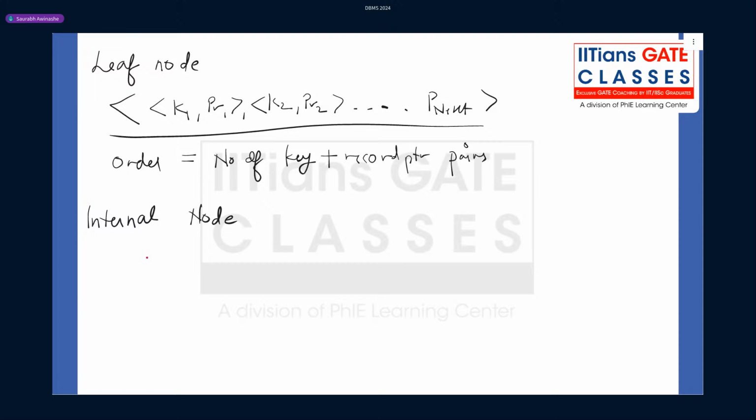The internal node has a block pointer followed by a key followed by another block pointer. This block pointer points to the children, followed by another key followed by another block pointer and so on.